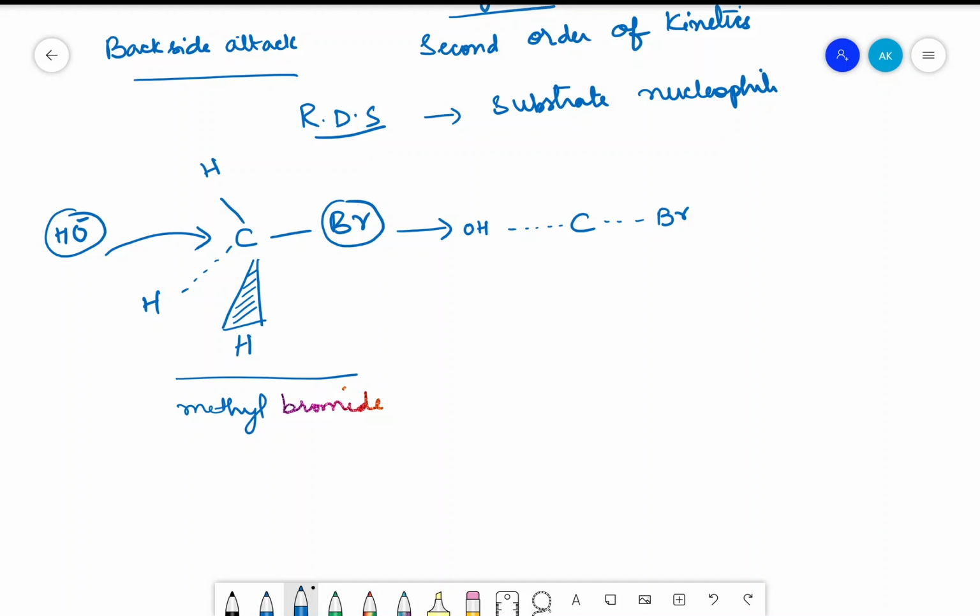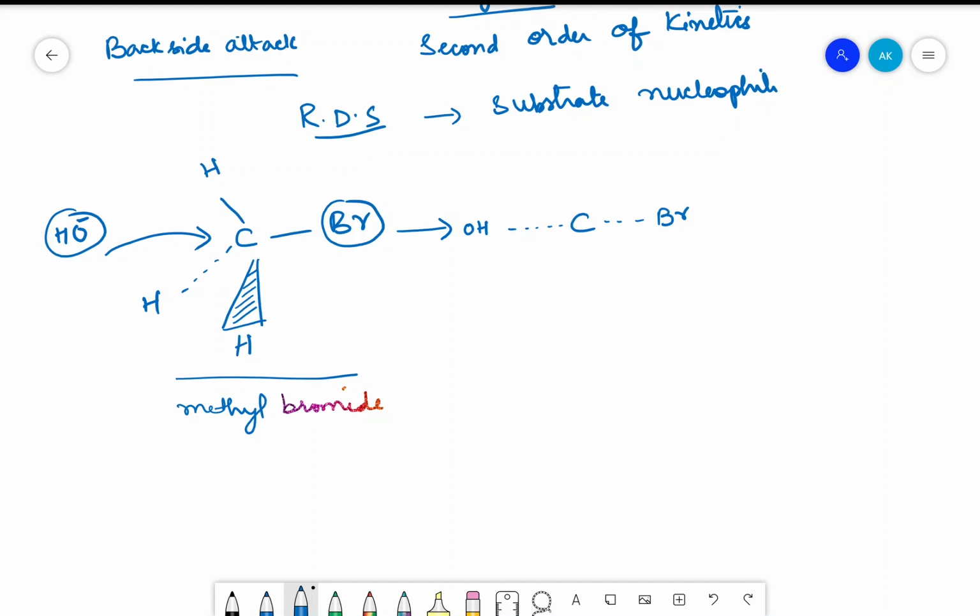So the transition state contains both OH as well as Br, which are partially bonded to the carbon. The C bonded to Br is not completely broken or cleaved, whereas the C to OH bond is also not completely formed.